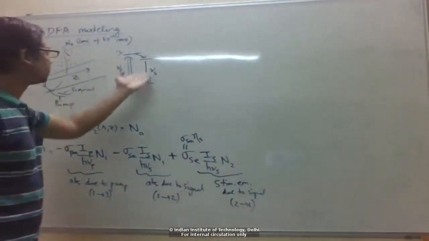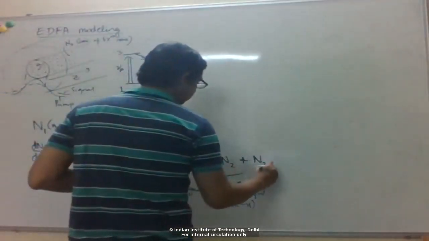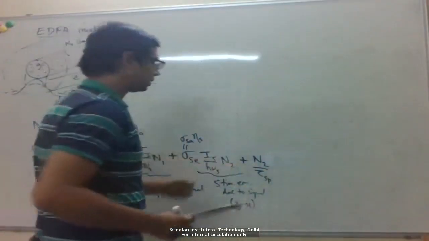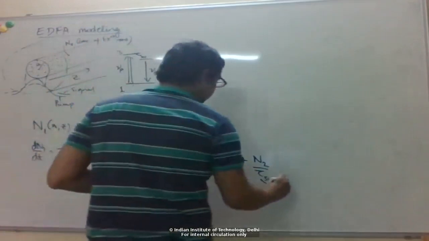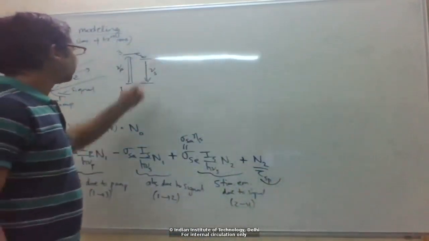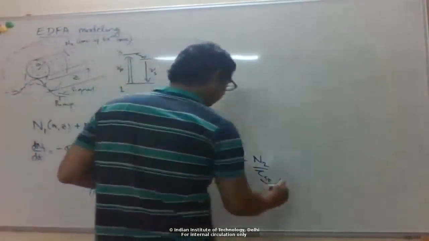And we could also include spontaneous emission from 2 to 1. So tau sp is the spontaneous emission lifetime of level 2. Typically it's about 10 milliseconds, the lifetime of this second level.